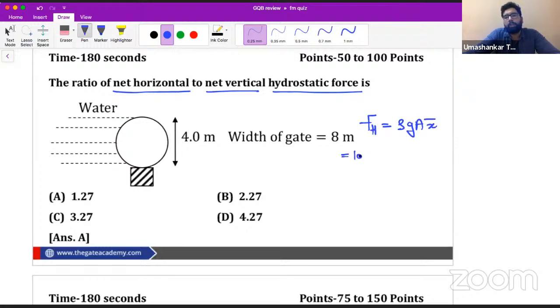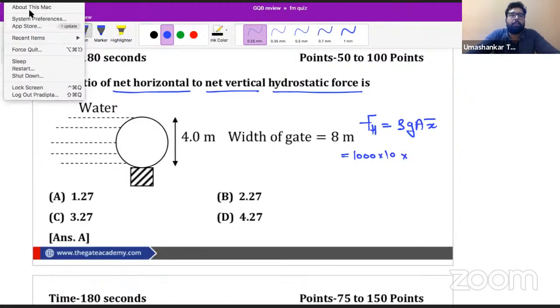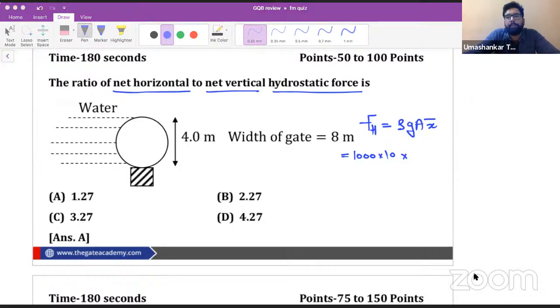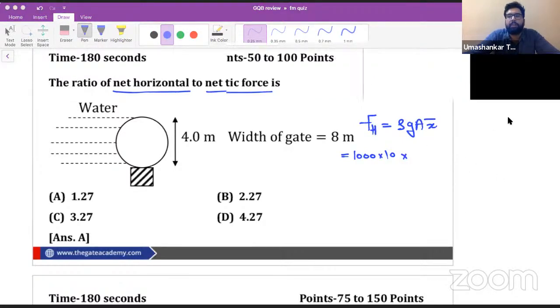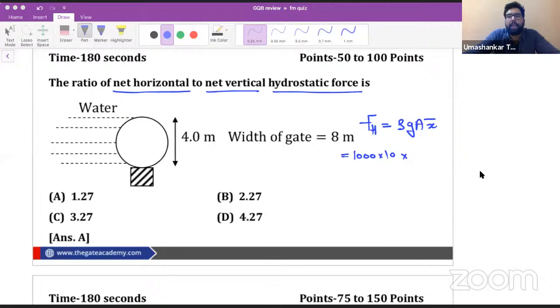Rho is 1000, g is 10. For the area, when we take the projected area, we simply forget that it is a curved surface. We have to consider the area of the plate only. So it is 4 into the width, that is 8.